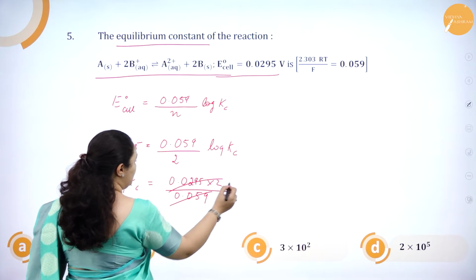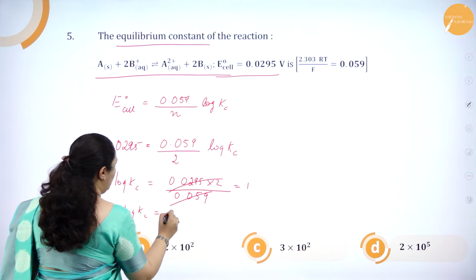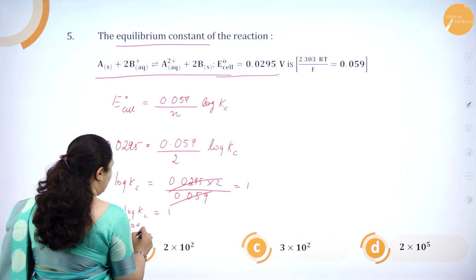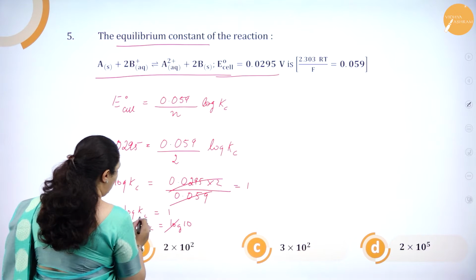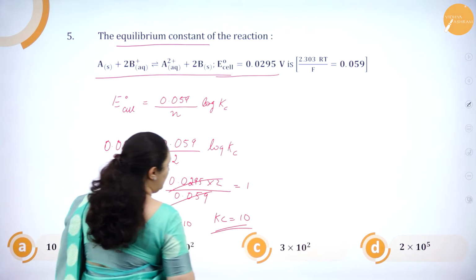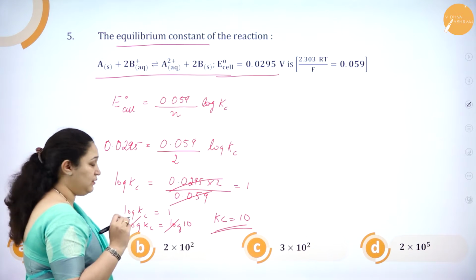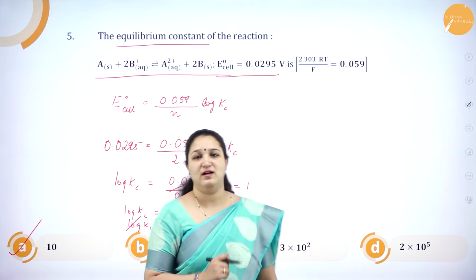So this gets cancelled, that is equal to 1. So log Kc is equal to 1 I'll get. So what is 1? Log 10. Log gets cancelled. So Kc is equal to 10. So equilibrium constant is equal to 10. That is option A is the right answer.